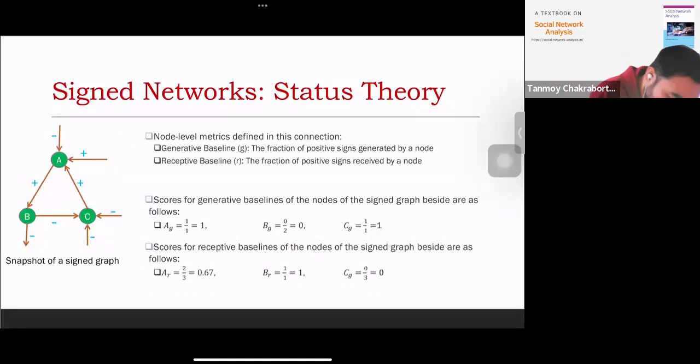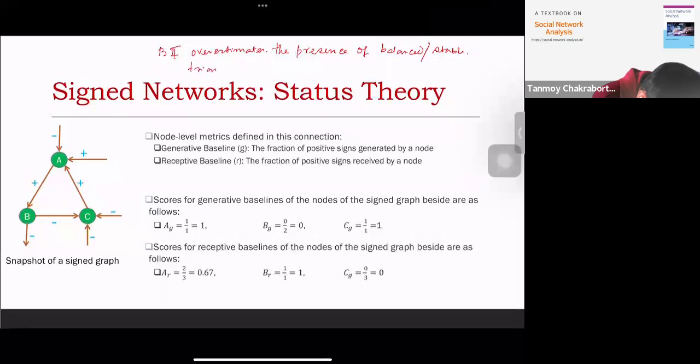What I'm saying is that balance theory overestimates the presence of balanced or stable triangles, right?